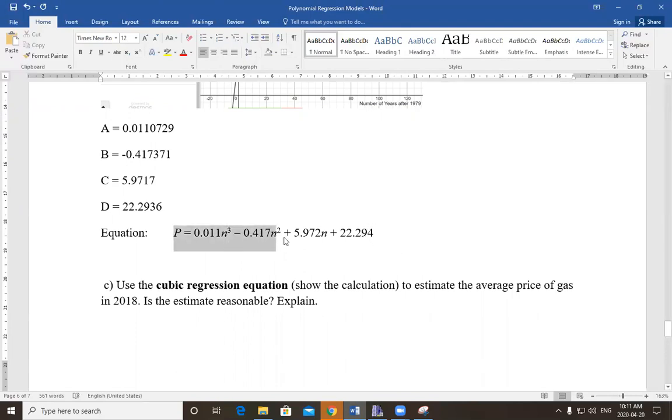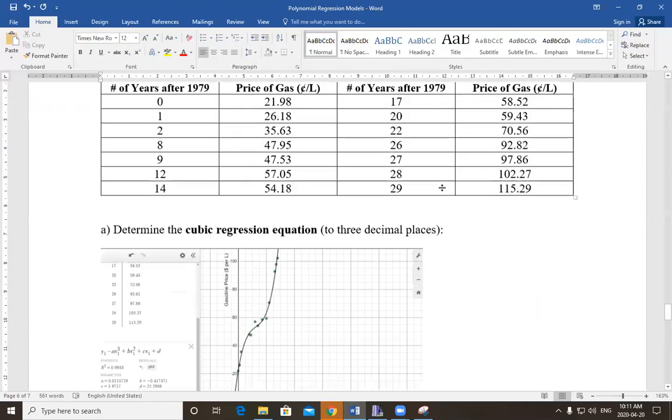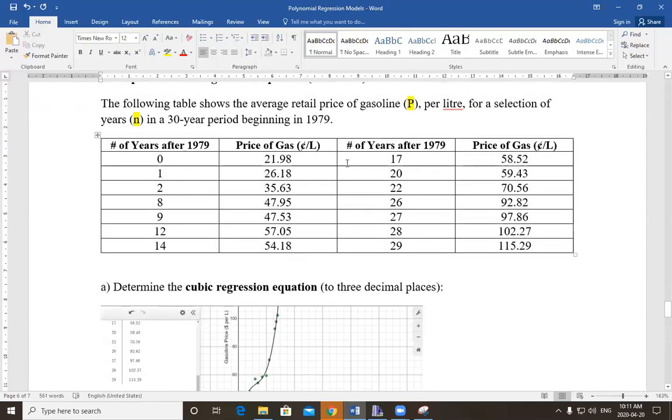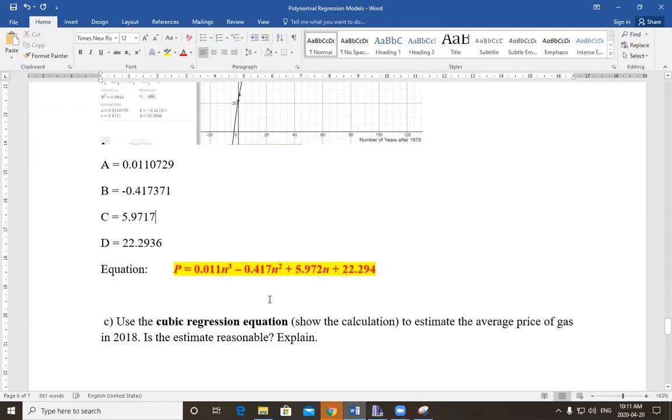And that would be our cubic regression model that approximates the data for the price of gas in a 30-year period beginning in 1979 based on the data that we have.